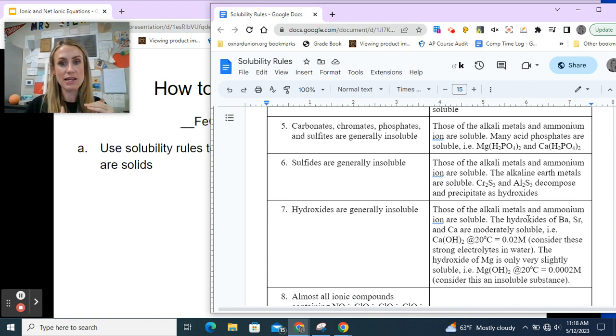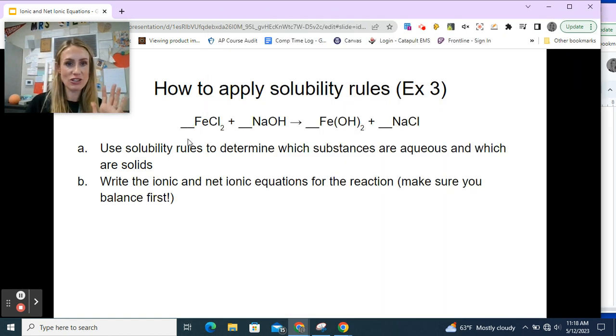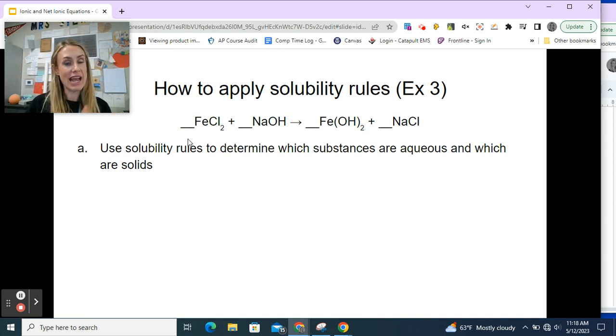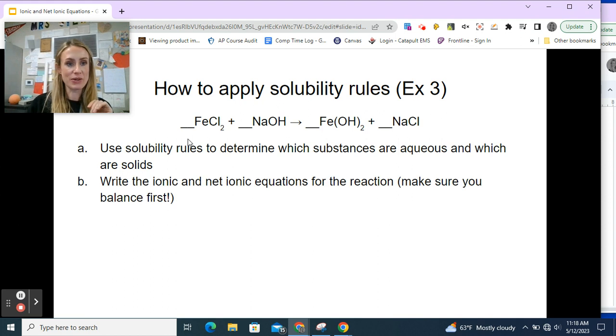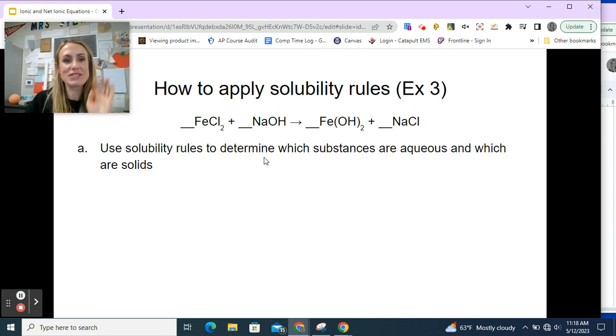So that means that sodium hydroxide is soluble, and because of that, we put an AQ next to our sodium hydroxide. You can see part B, we write the ionic and net ionic. We'll do that next. Just hold that thought. So AQ next to this one, AQ next to this one.